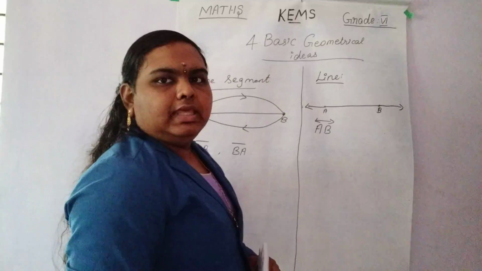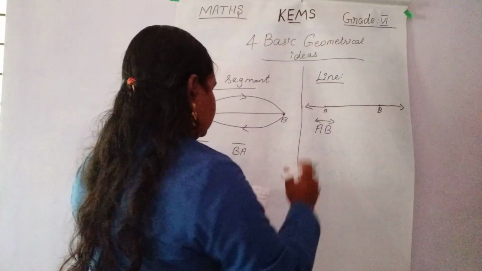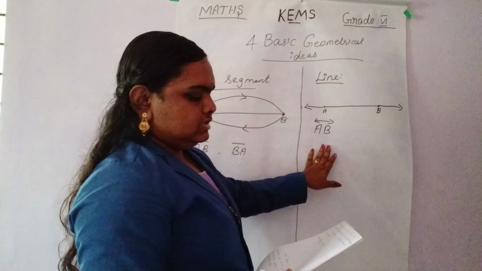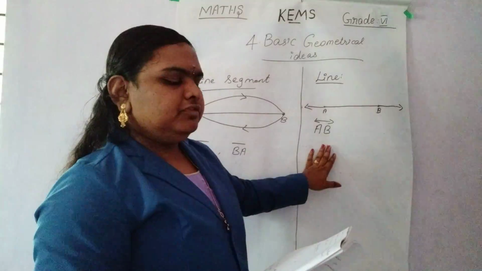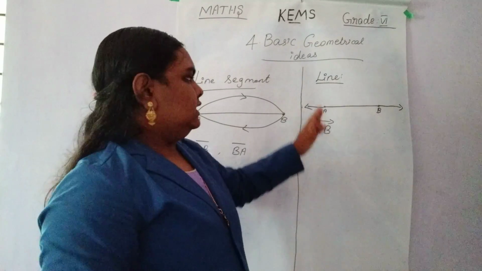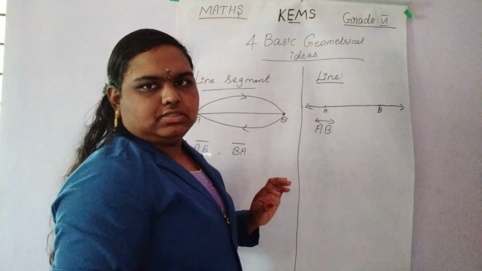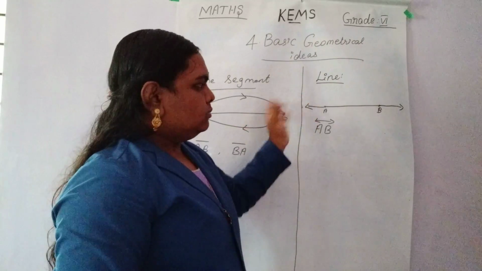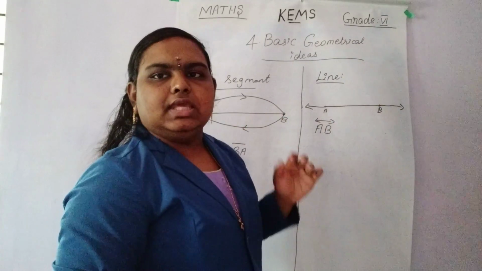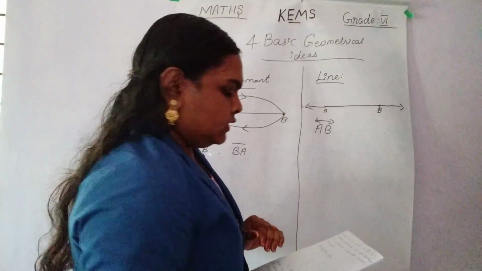So line AB is denoted like this. It extends indefinitely in both directions. Not only in one direction, both directions we can extend the line.